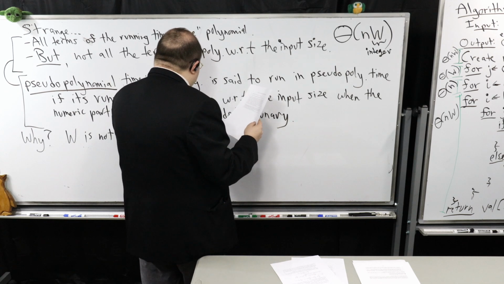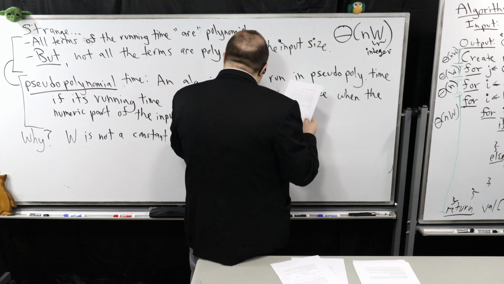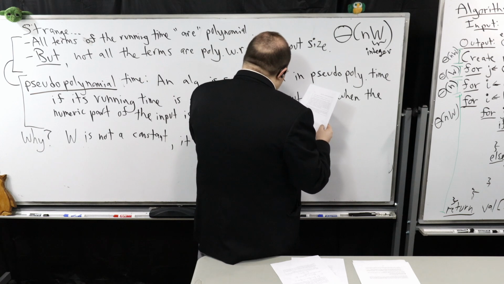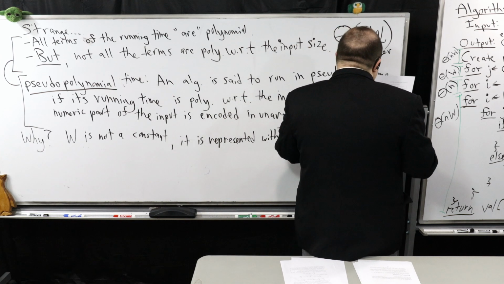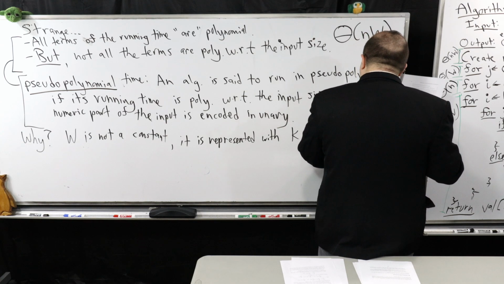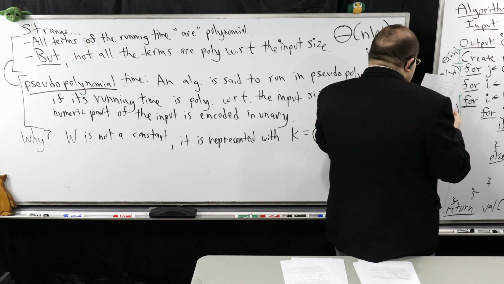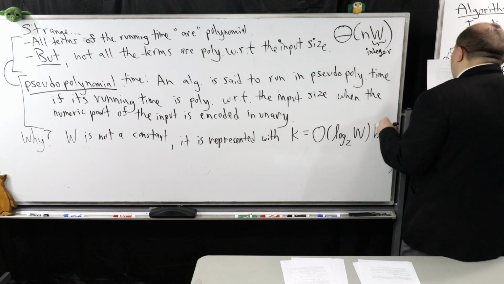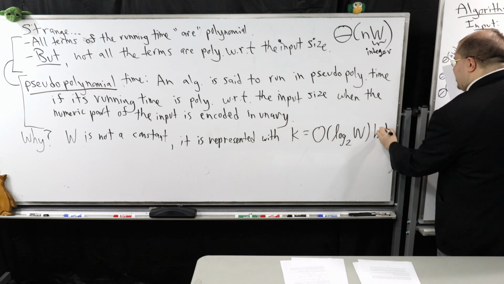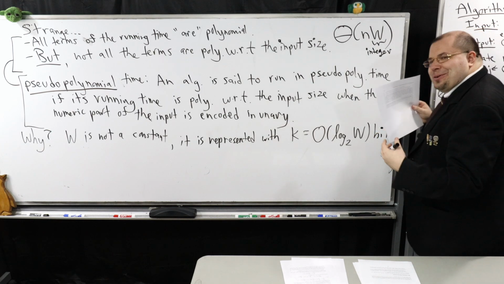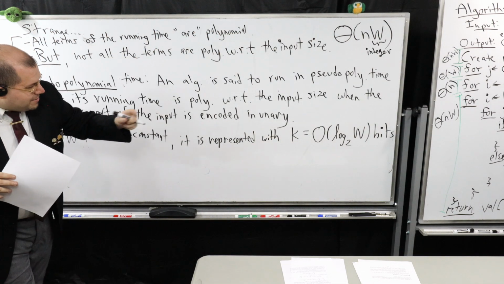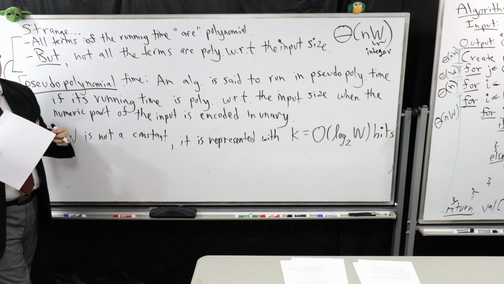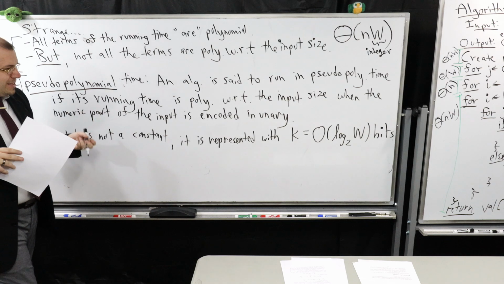It is represented with, I'm just going to give a name for a variable, k equal to big O of log base 2 of W bits. So you might ask, Dan, why is that a big deal? Remember, the input size of W, the number of bits required, is big O of log base 2 of W. Yeah, big O like that.